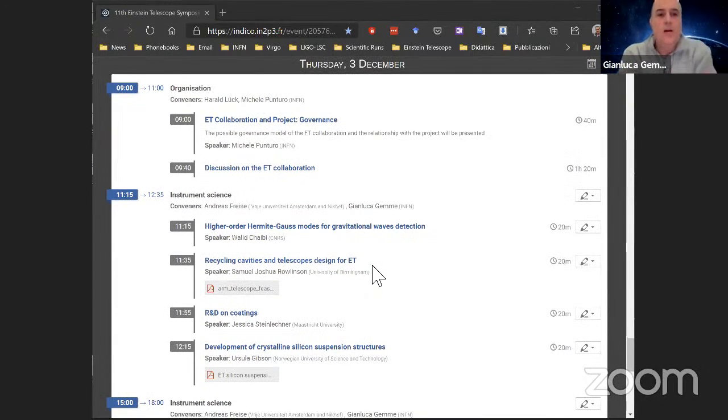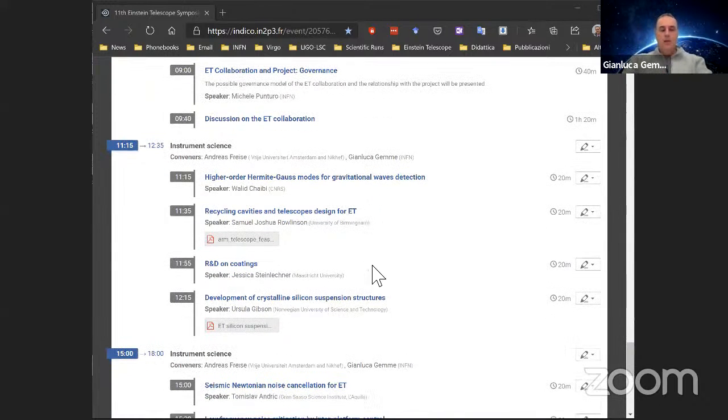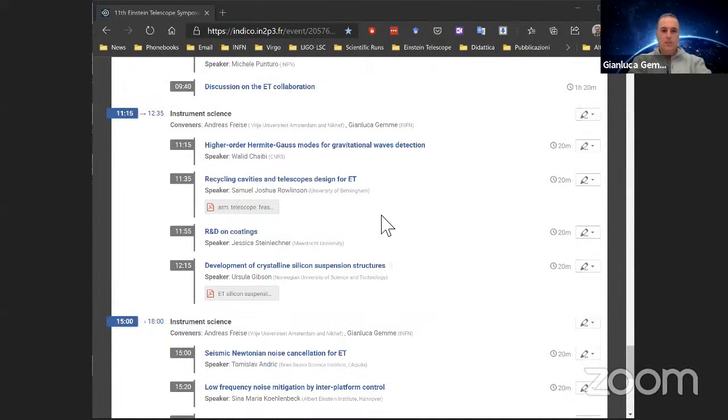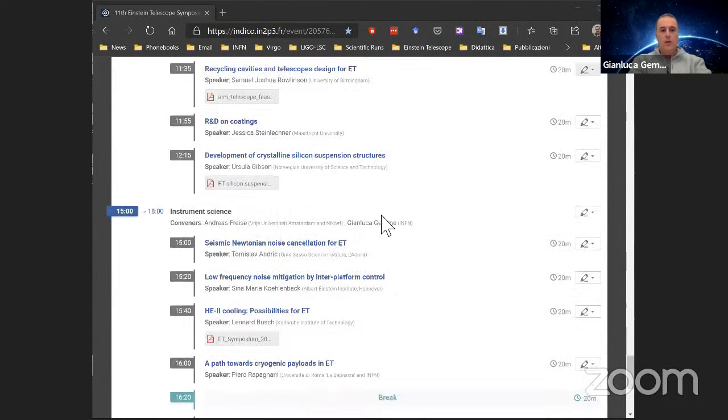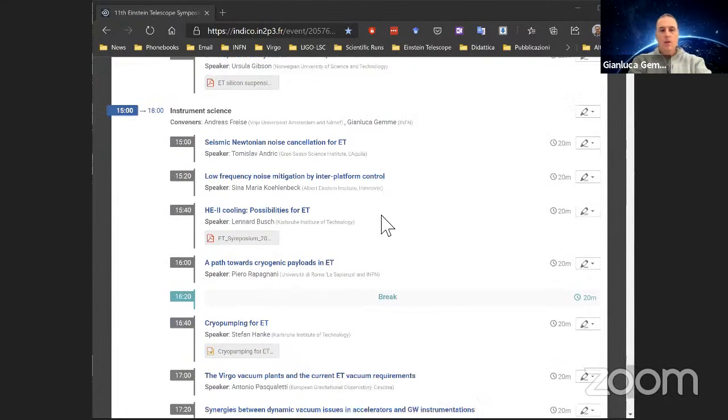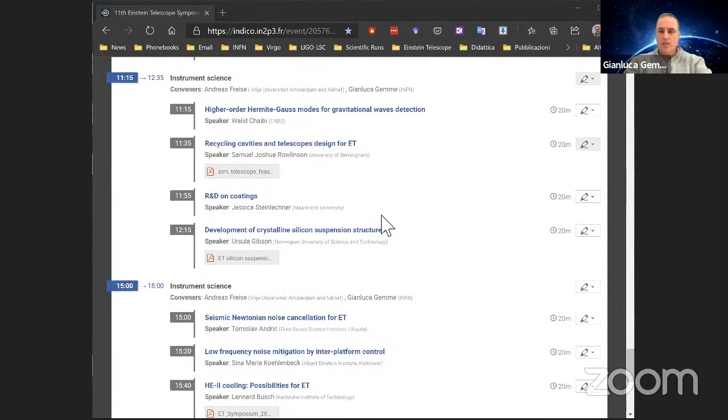Tomorrow morning at 9 o'clock, there will be a session dedicated to the organization of the collaboration, the introduction, and then more than 1 hour of discussion about the organization of the ET collaboration. Then at 11:15, the instrument science session will continue with several talks, some of them in the morning, and then at 3 o'clock p.m. there will be the last part of the instrument science session.